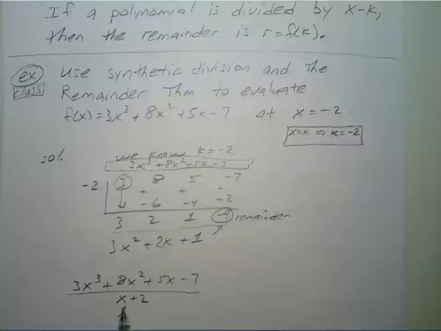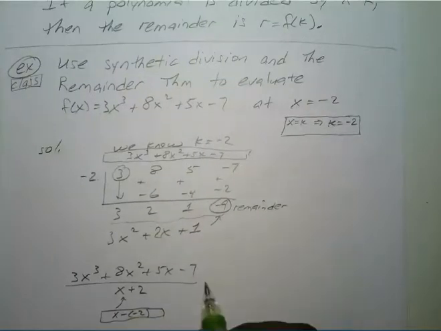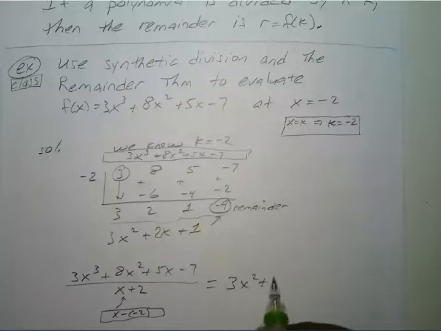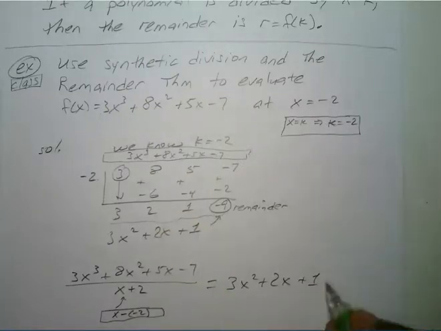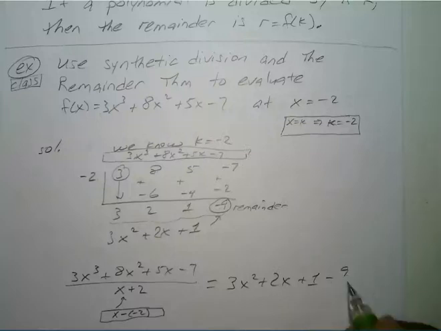I'll put a little x minus negative 2, so you know where that came from, is equal to 3x squared plus 2x plus 1, remainder of negative 9, so it's minus 9 over x plus 2, or x minus negative 2.